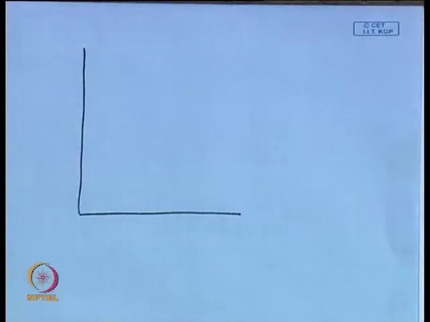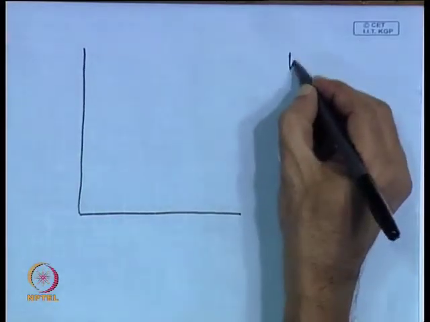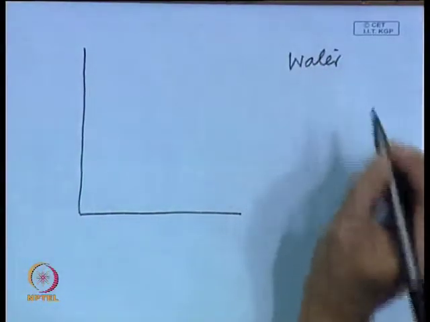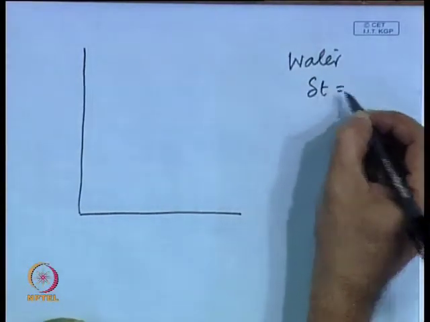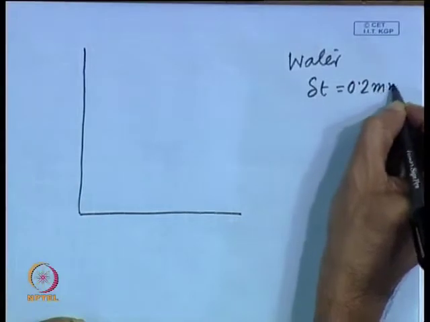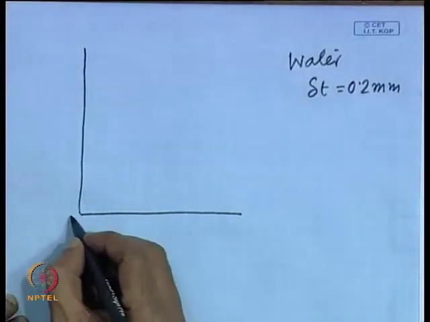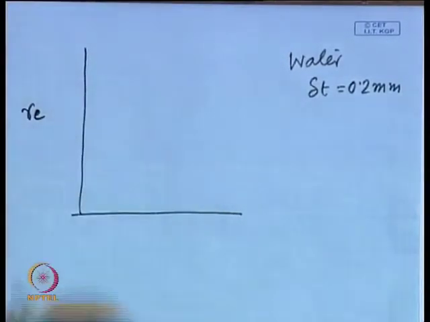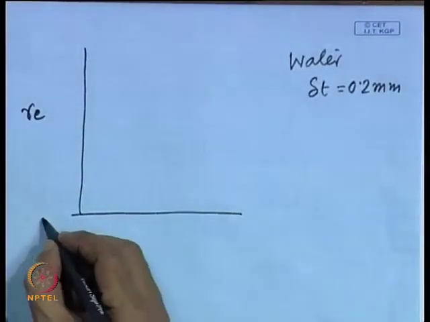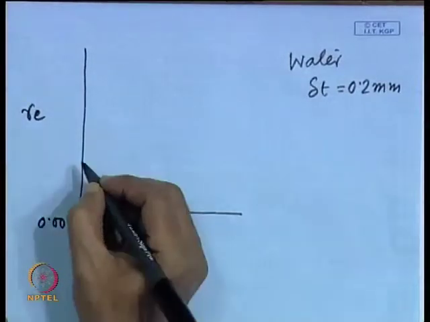So, now we can plot a curve, how does this curve look for different fluids under different operating conditions. Let us consider that we are having water at atmospheric pressure and we have estimated delta T equal to 0.2 millimeter. Now, this side is your R C, and this is a semi-log curve.